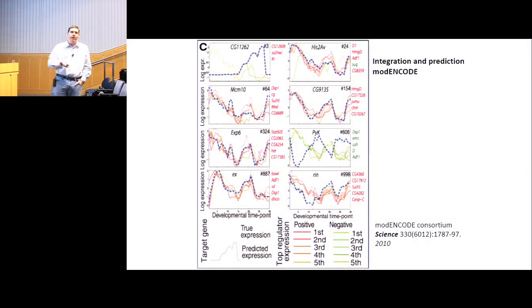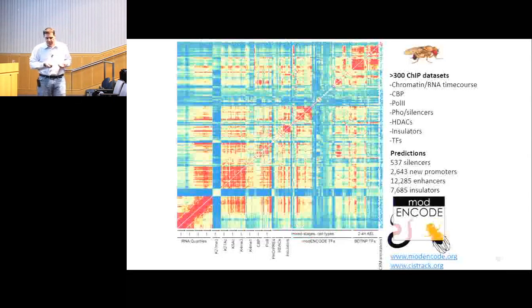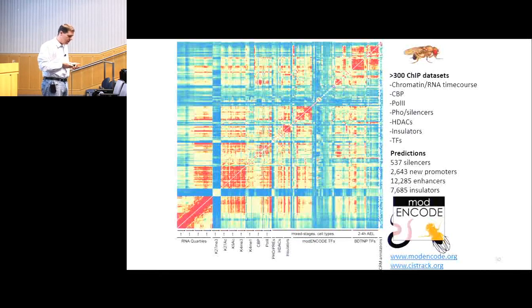And so for many genes, we're able to do a really good job of predicting using standard regression and machine learning approaches with these kinds of data. So what we'd like to do is take these data and also make predictions about networks and how factors in complex networks are contributing to complex phenotypes.